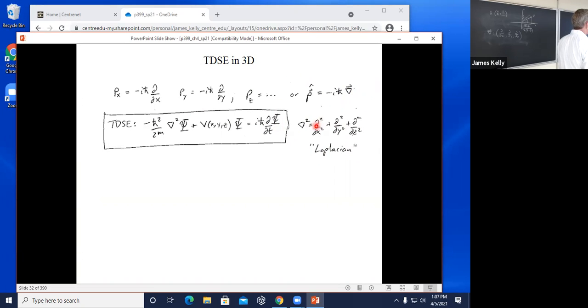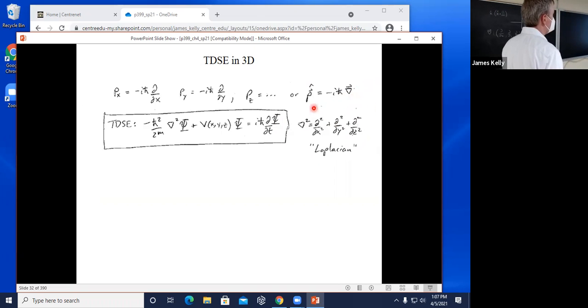The Laplacian is denoted by del squared, and it's defined by del dot del. Okay, well, we don't usually take inner products between things like this and themselves, but you do the same thing. You put a d/dx next to a d/dx, that gives me a second derivative, right? Added to the product of these components. So it's defined kind of the same way. So the Laplacian is denoted del squared.